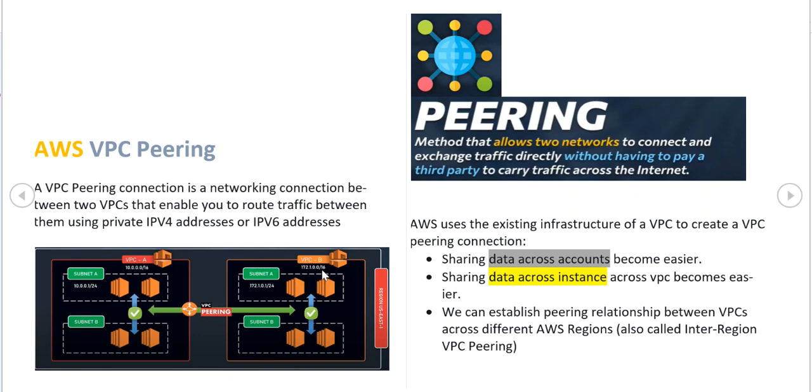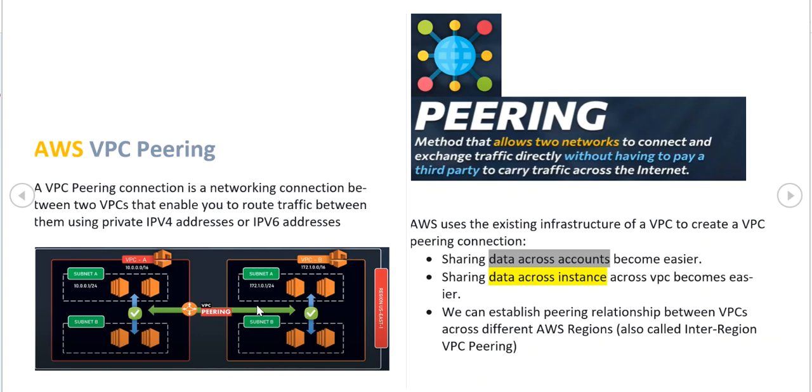What is peering? Peering is a method that allows two networks to connect and exchange traffic directly without having to pay a third party to carry traffic across the internet. For example, in this diagram we see VPC A and VPC B. If we connect to VPC B, there is no connection beyond that; there is only a connection between these two. In mathematics we have studied that if A equals B and B equals C, then all are interrelated.